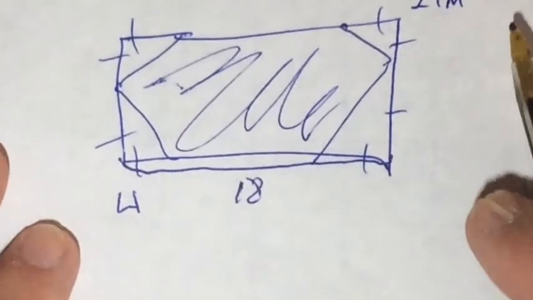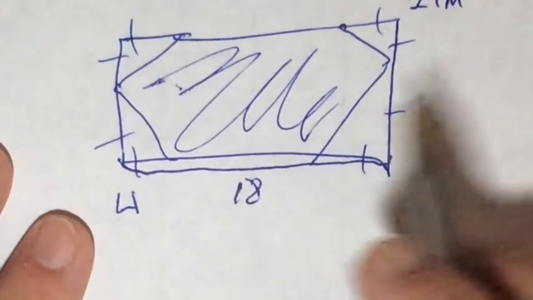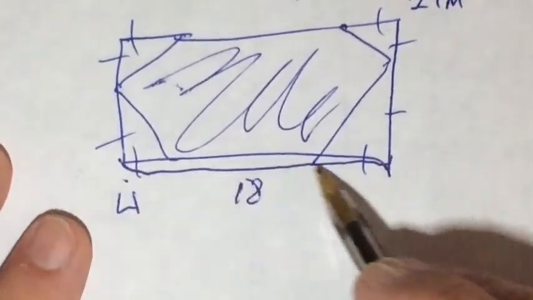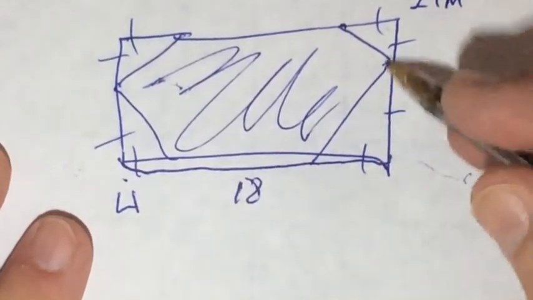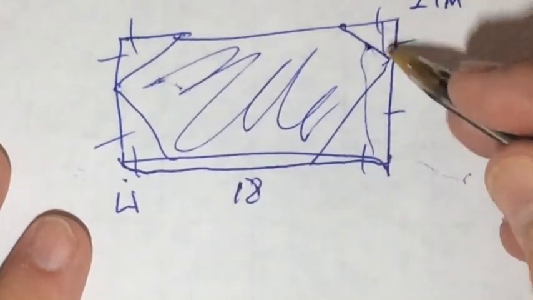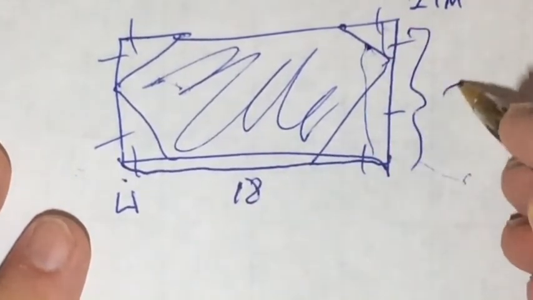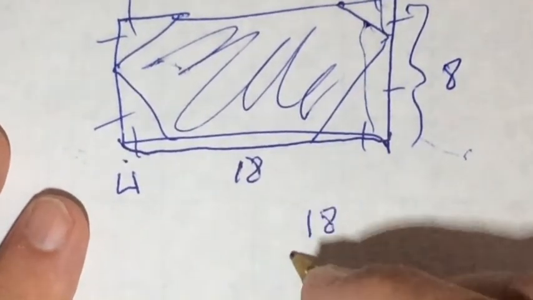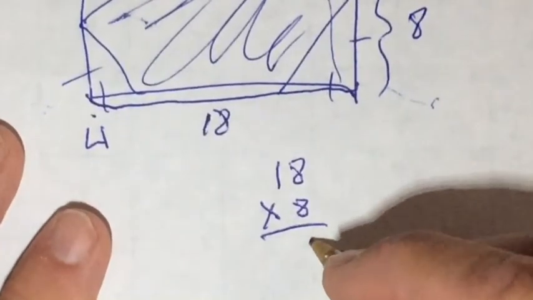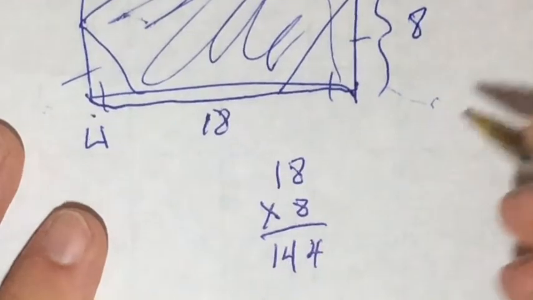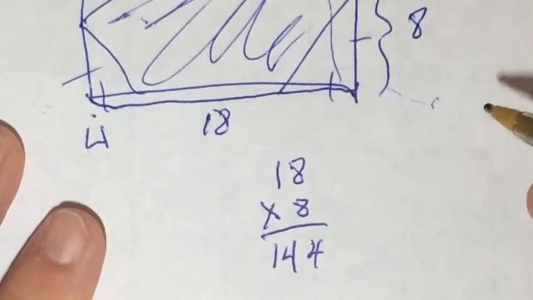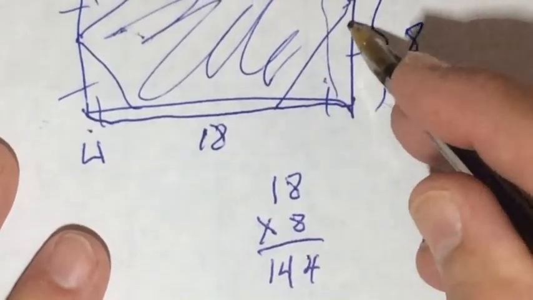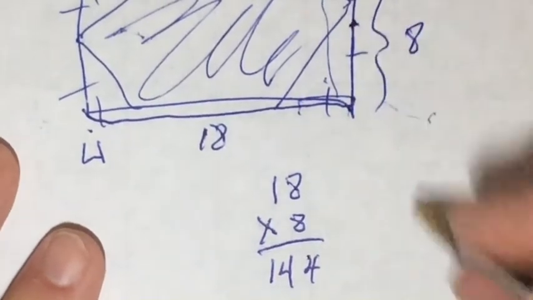And then finally there was this composite shape where this distance from here to here was 18. From here to here is 4, and from here to here is 4, so that makes this 8. That means that the area of the entire rectangle is 8 by 18, or 144. Then you have 4 triangles that have a base of 4 and a height of 4.